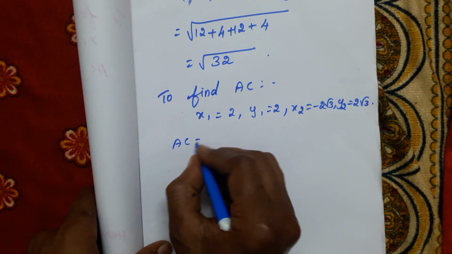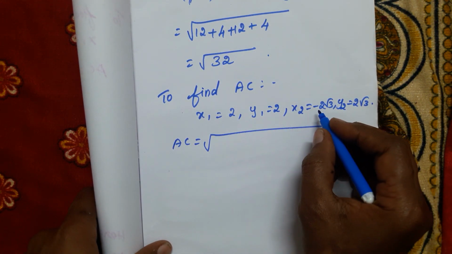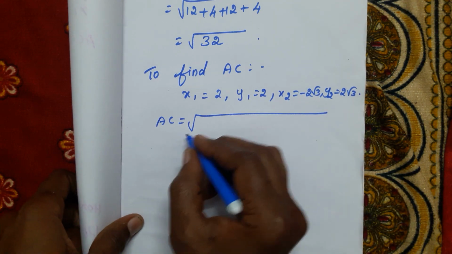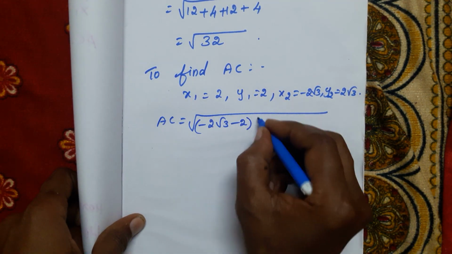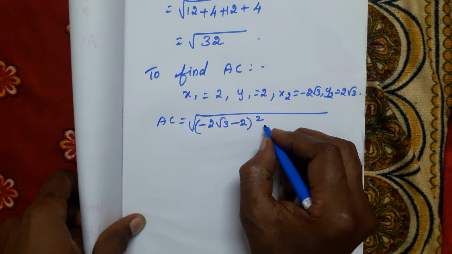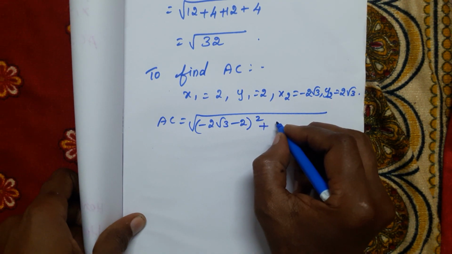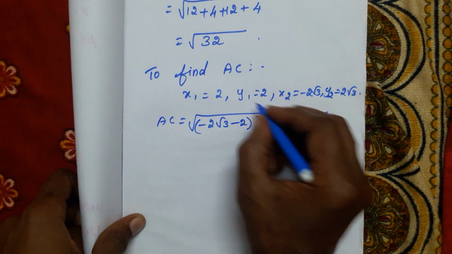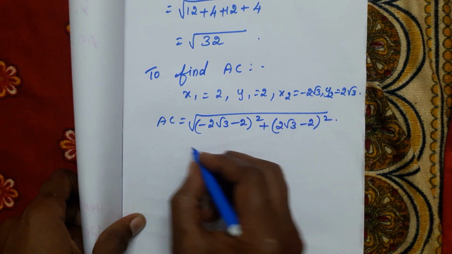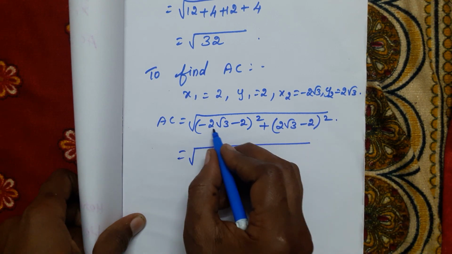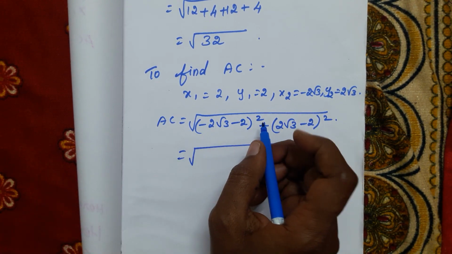So AC is equal to root of x2 minus x1 the whole square, means minus 2 root 3 minus 2 the whole square. Next, plus y2 minus y1 the whole square, means 2 root 3 minus 2 the whole square. It's equal to root of minus, commonly we can take outside.